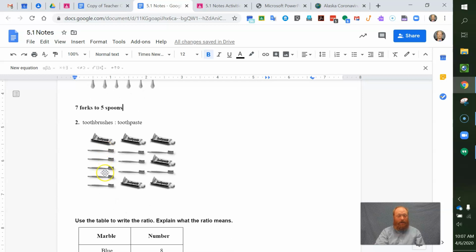Toothbrushes, 3, 5, 8, 10. Whoa, what happened there? We'll go down a line. 10 toothbrushes to 1, 2, 3, 4, 5, 6 toothpaste.